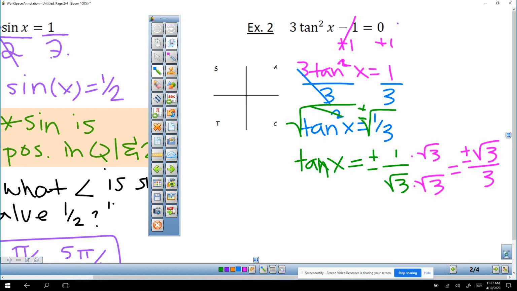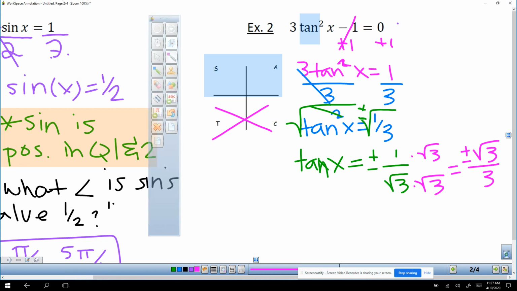It's shorter. So we're only going to give solutions from 0 to pi. So we are still only going to give solutions in this highlighted section, just based on the fact that it's tangent. Okay, it's not based on the fact of the positive or negative. That didn't reduce anything. It's the fact that it's tangent. Okay, so we're going to give answers in quadrants 1 and 2.